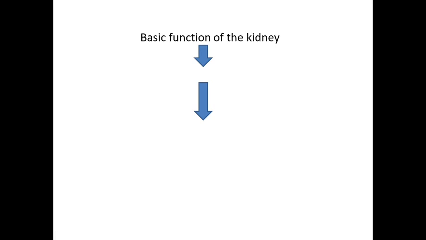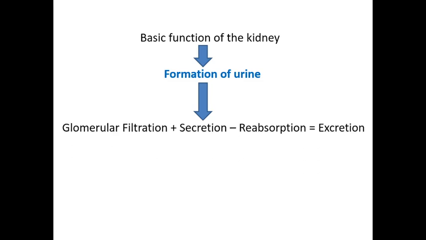Now, out of all these functions, the basic function of the kidney is to form urine. So, if you remember the three steps in urine formation, these were glomerular filtration, reabsorption, and secretion.